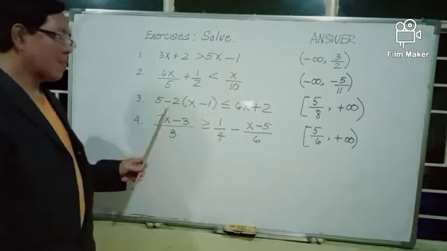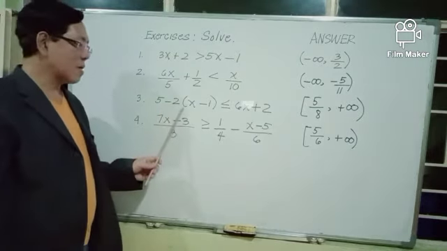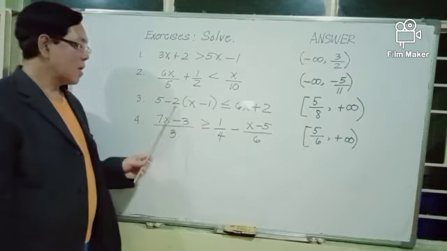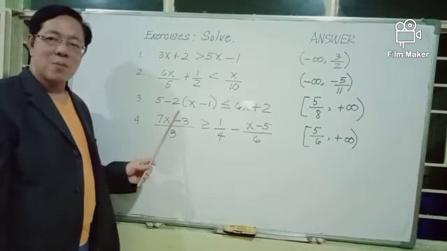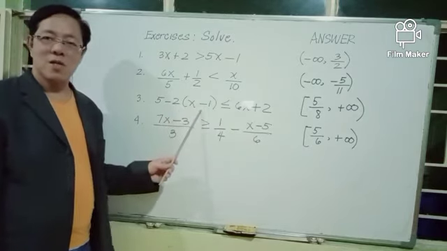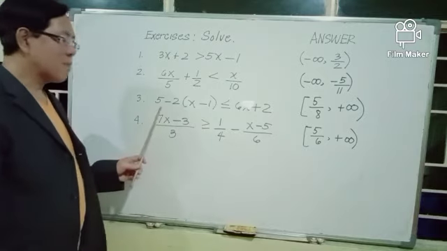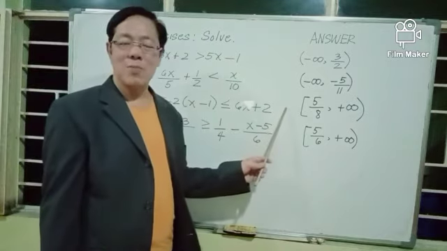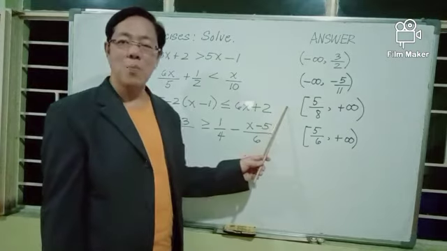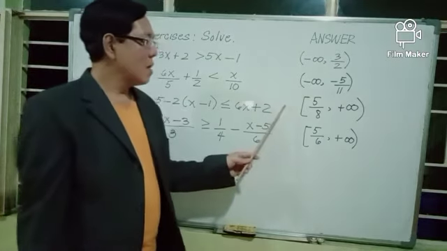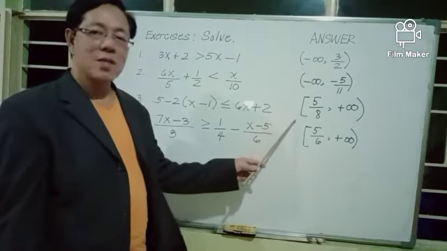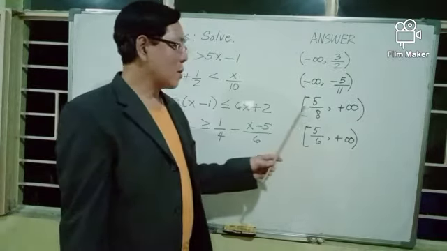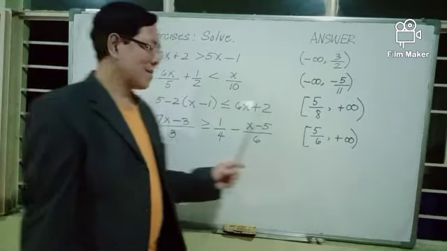For number 3, you have to first eliminate the grouping symbols by applying the distributive property of multiplication over addition or subtraction. And for number 3, the solution in interval notation is this half open to the right interval. The solution is from 5 over 8 to positive infinity, including 5 over 8.